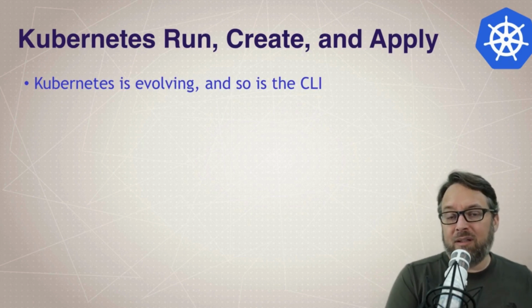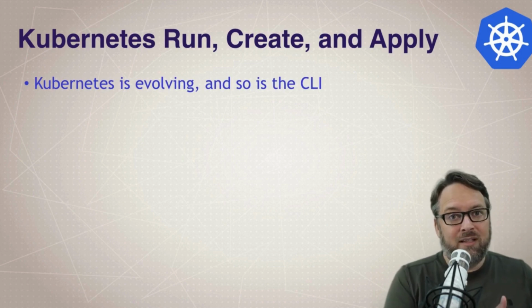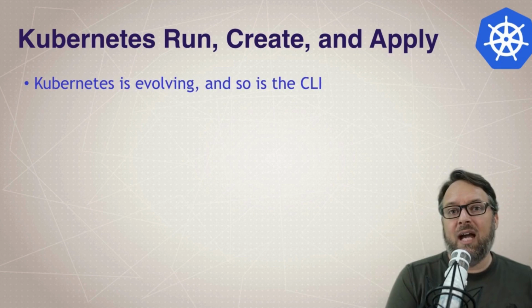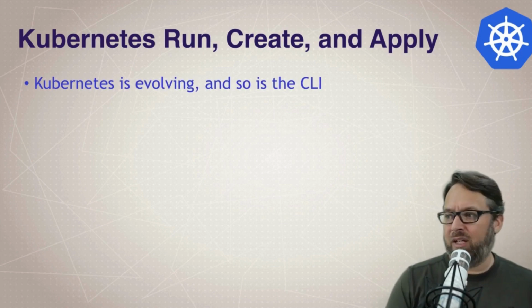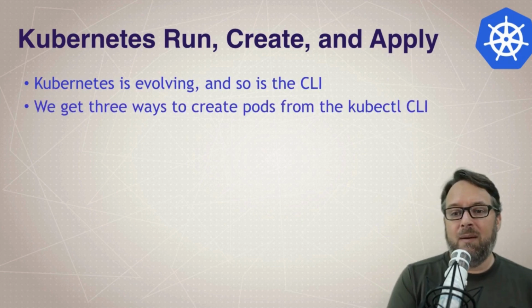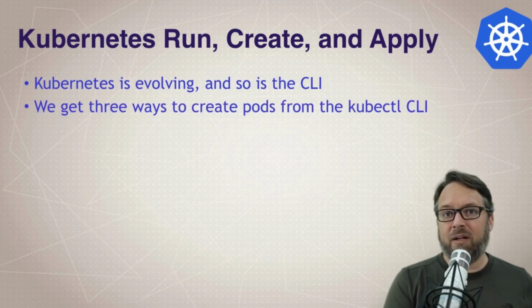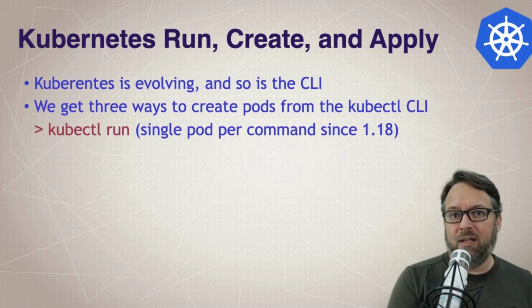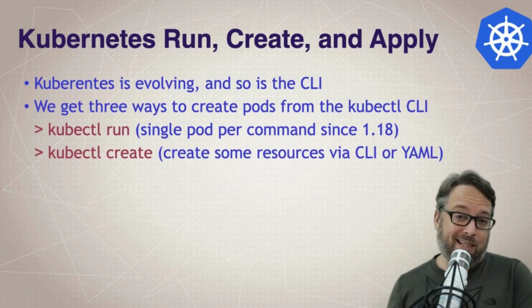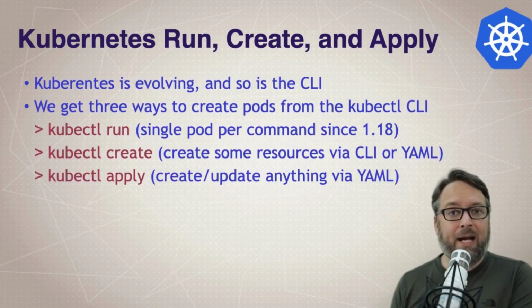So in this quick lecture, I just want to warn you or educate you that there are multiple ways to do this. And so sometimes when I show you a command, there are multiple other ways to do it. And the specifics that you'll see, whether you're looking on the blogs or in the Kubernetes documentation, are on the 3 main commands. The 3 I'm talking about are kubectl run, kubectl create, and kubectl apply.